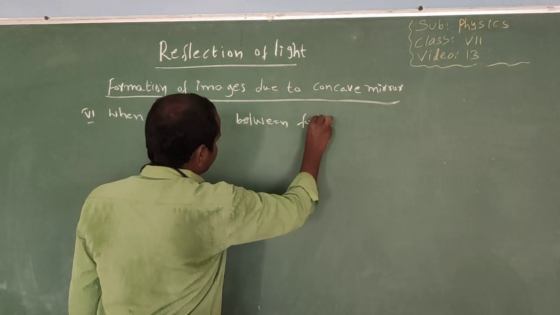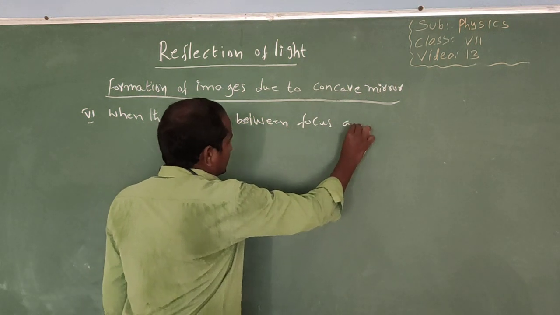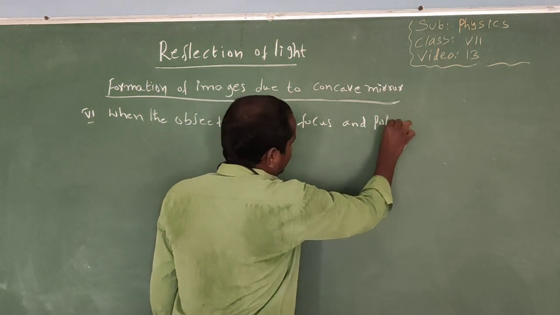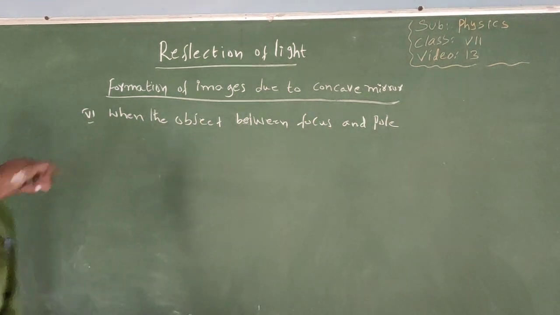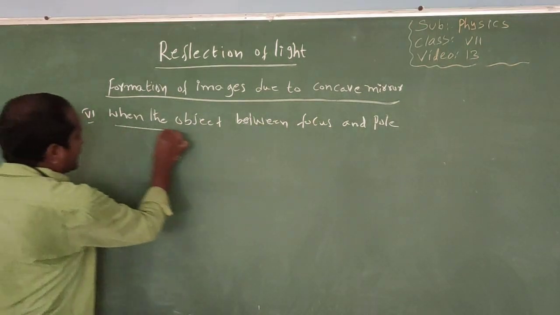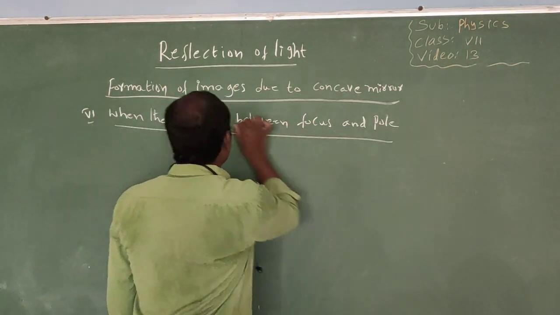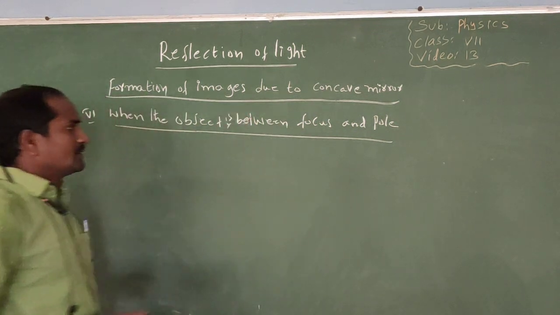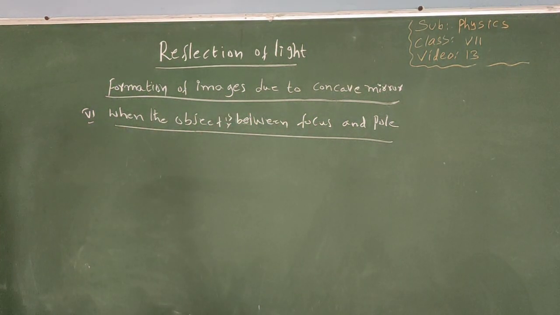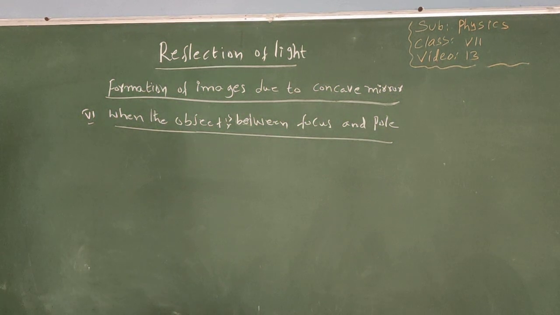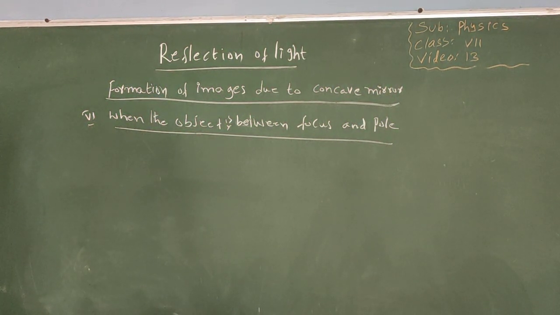What is the ray diagram, and what are the characteristics of the image?